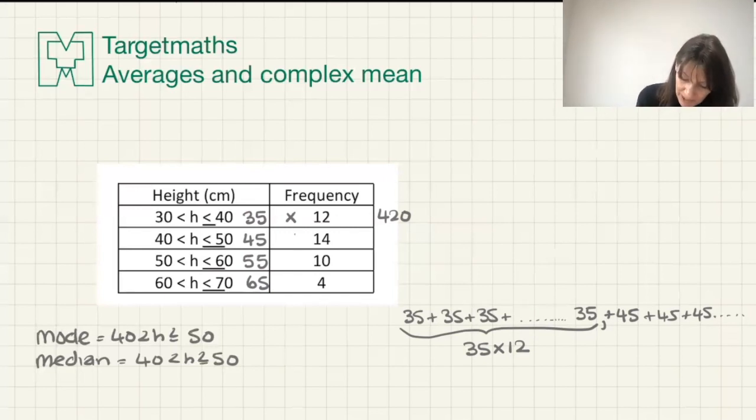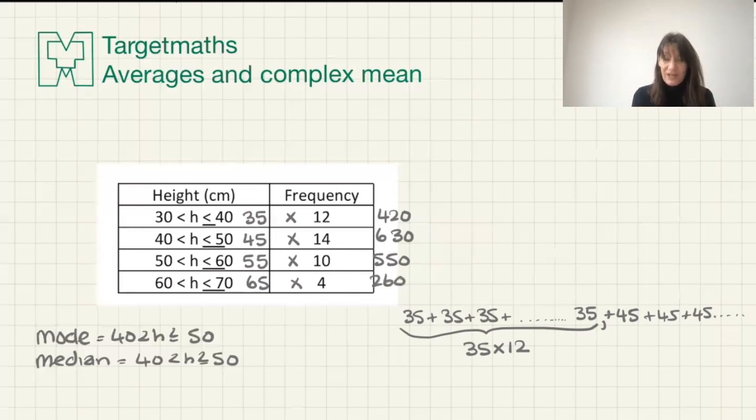And when I multiply the 45 by the 14, I will get 630, and that's all the 45s added up. 10 times 55 is 550. That is all the 55s added up. And 65 times 4 is 260. And that is all the 65s added up.